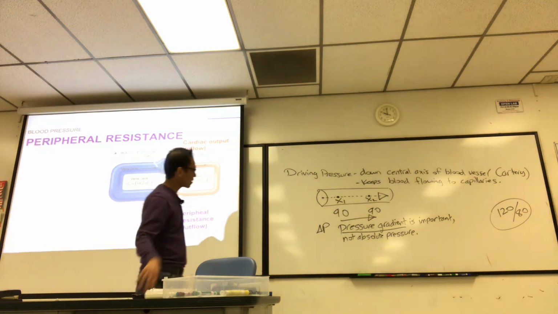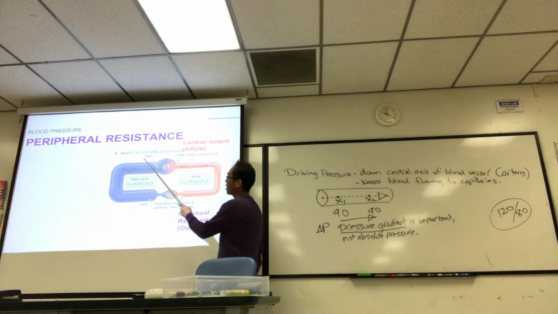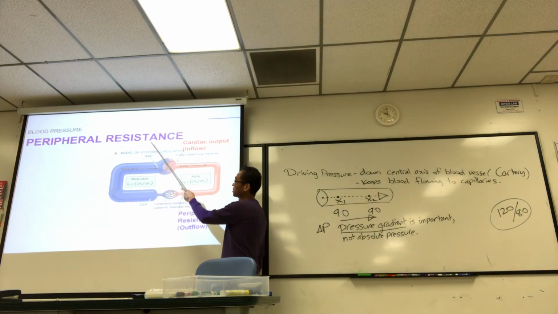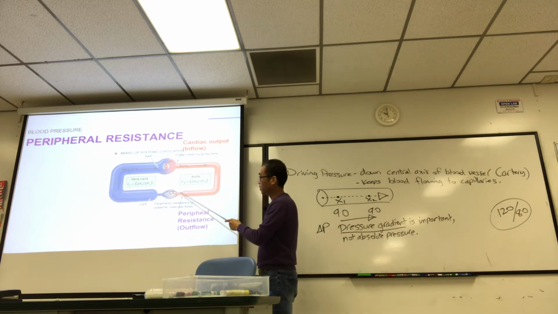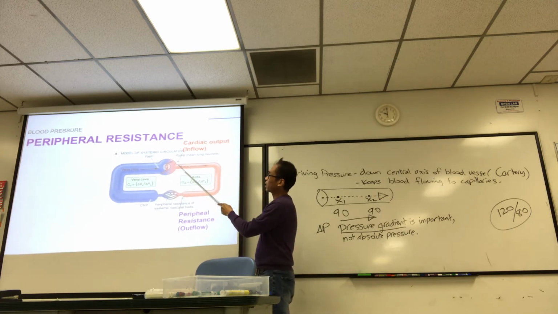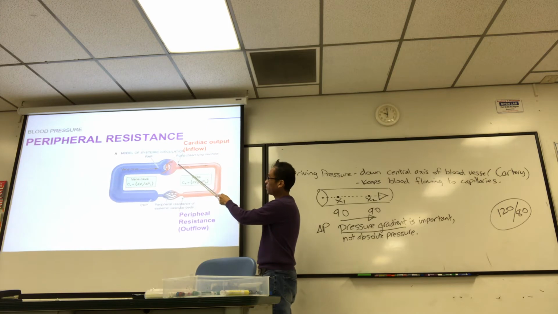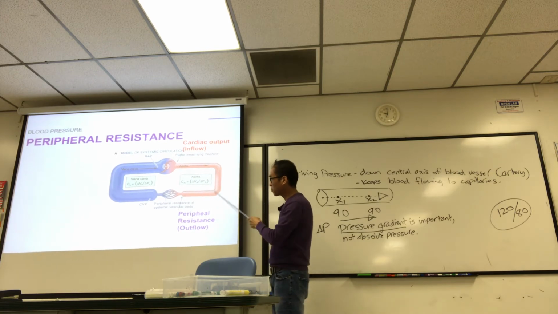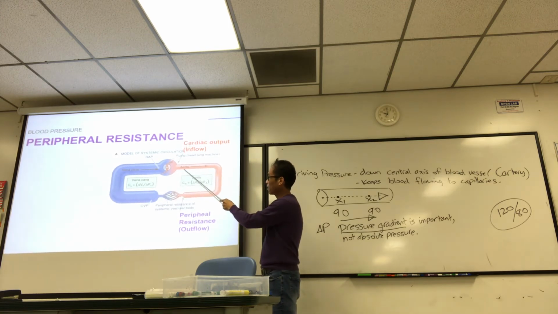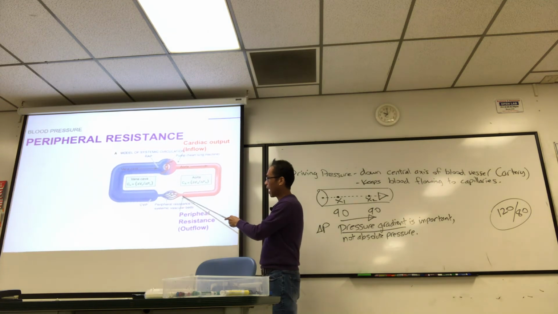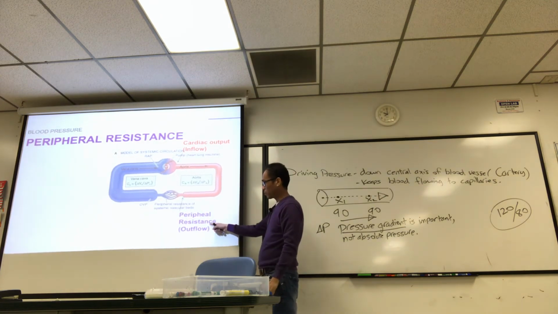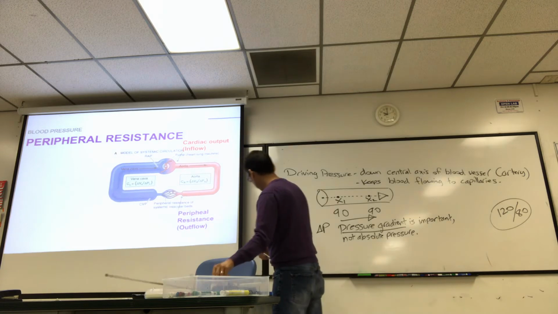The other thing, I think I'll teach resistance and stop. This is pretty much the resistance to blood flowing here. So we talked about inflow, we talked about measuring blood pressure in here. The other important thing is the outlet valve here, the peripheral resistance, that controls the outflow.